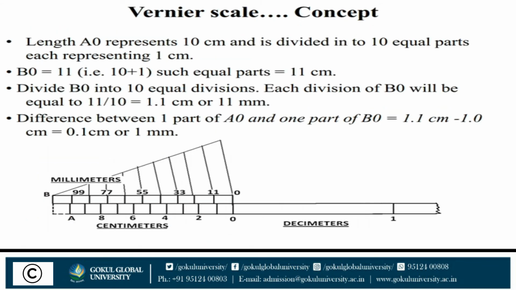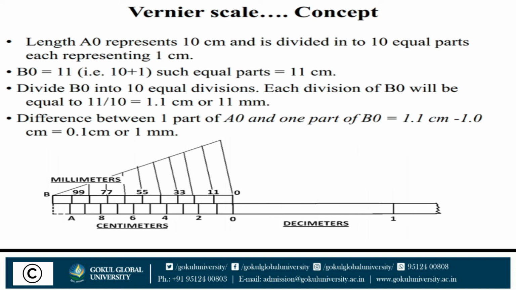Now the vernier scale concept. The length of A0 represents 10 centimeters and is divided into 10 equal parts, each representing 1 centimeter. B0 is equal to 11 parts, meaning 1 plus 10 such equal parts, 11 centimeters. Divide B0 into 10 equal divisions.